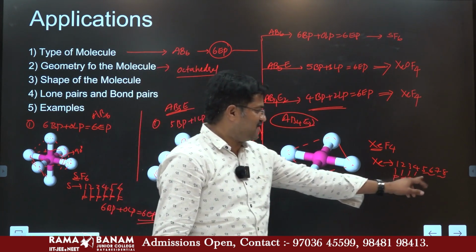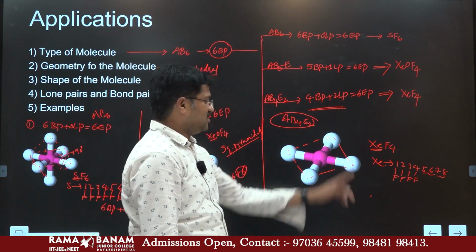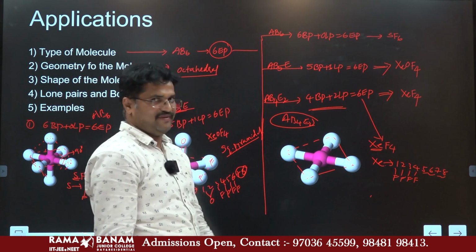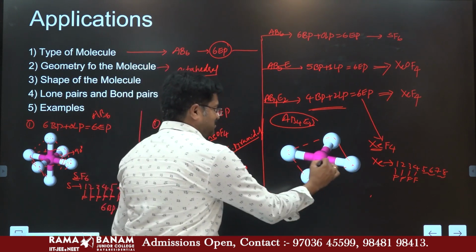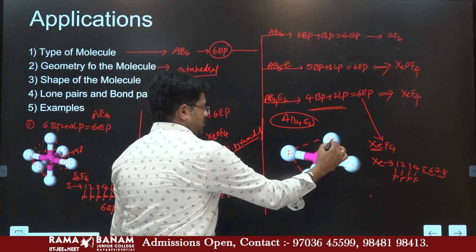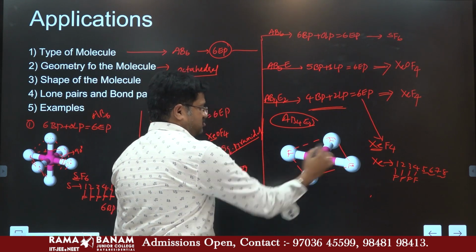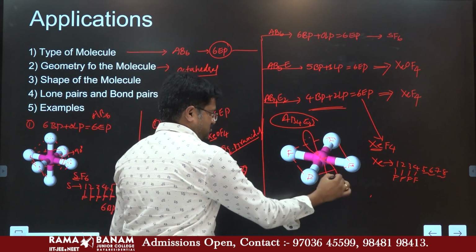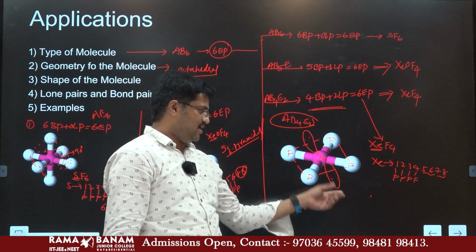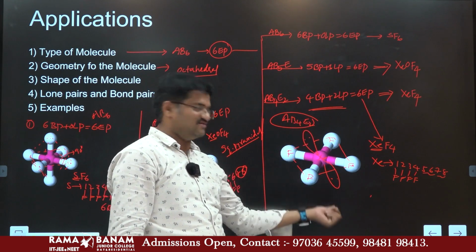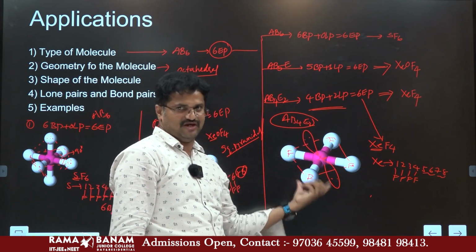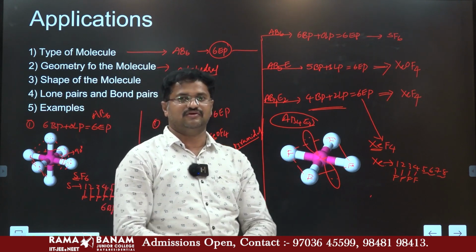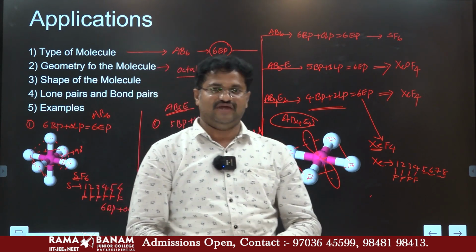So 4 bond pairs, 2 lone pairs, totally 6 electron pairs. Xenon is the central atom with 4 fluorines. The geometry of the molecule is square planar, and the 2 lone pairs are arranged on opposite sides because of minimum repulsion and maximum stability. So XeF4 is square planar geometry. Okay? Thank you.